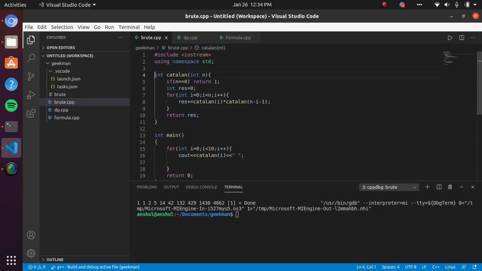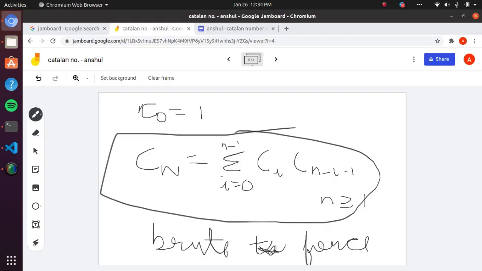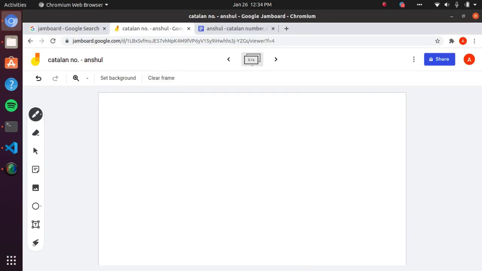So this is a very simple brute force solution. We have taken an input n in this function, and recursively we have implemented the recursive formula that we have discussed here. Next we are going to discuss the time complexity of this problem.